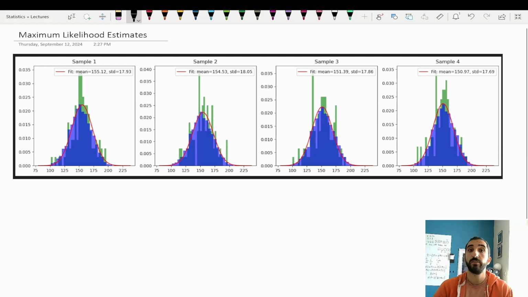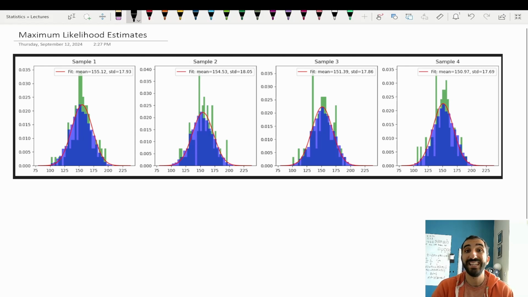And to illustrate this, I have four samples here which were drawn from a normally distributed population, and I fit these red curves to the data using maximum likelihood estimation. So the green bars are sample data, and the blue is underlying population data.